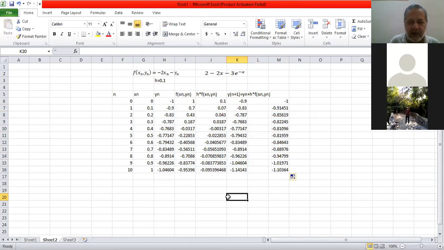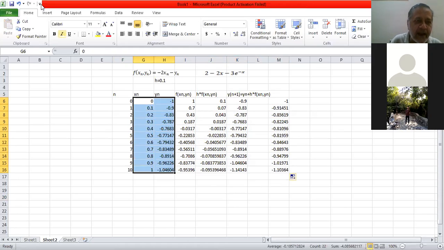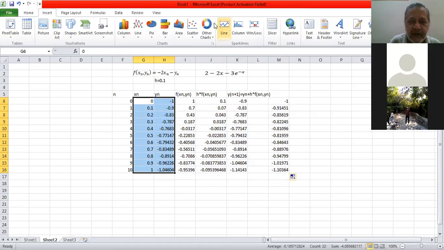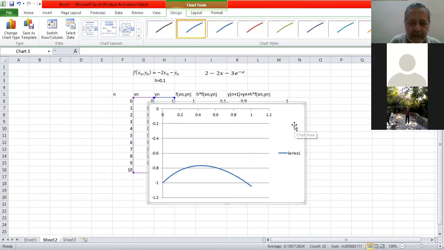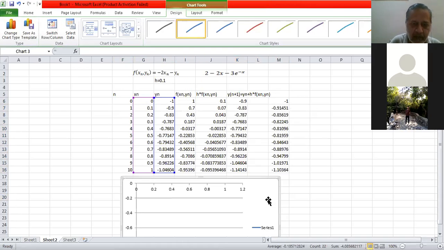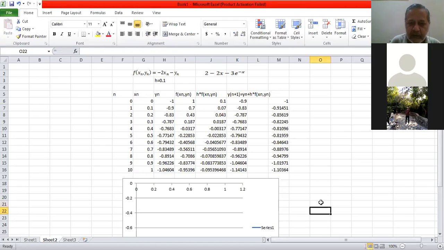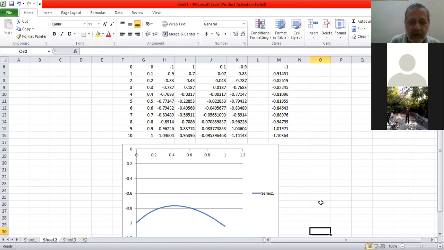Now let us look at the solution. This is our numerical solution, and we make a graph of this. This graph represents the numerical solution for these x and yn values.